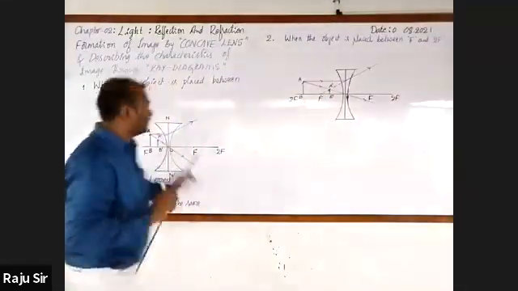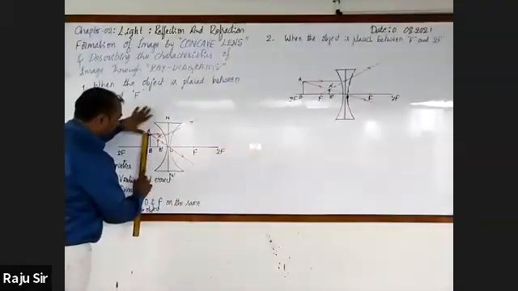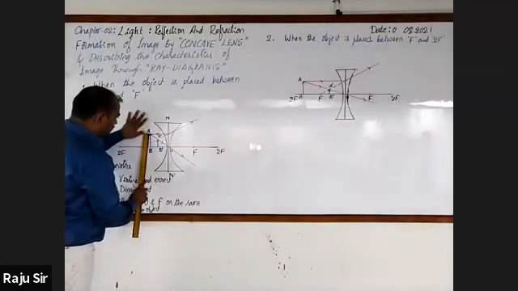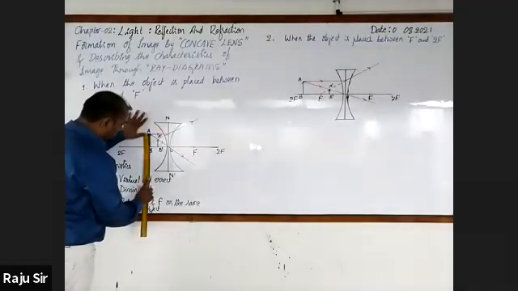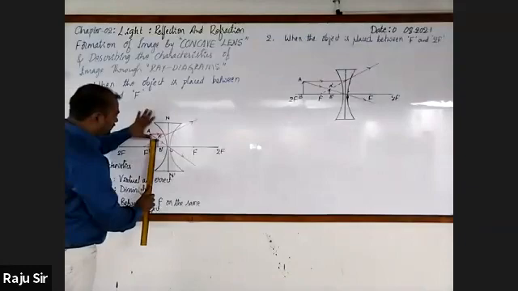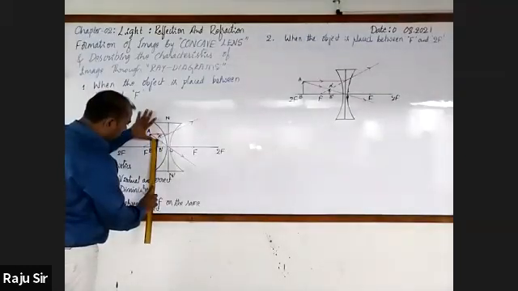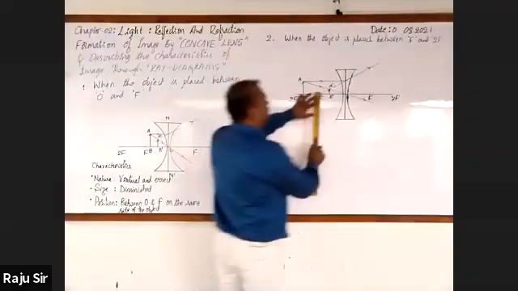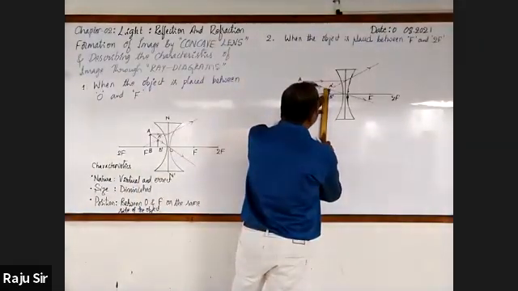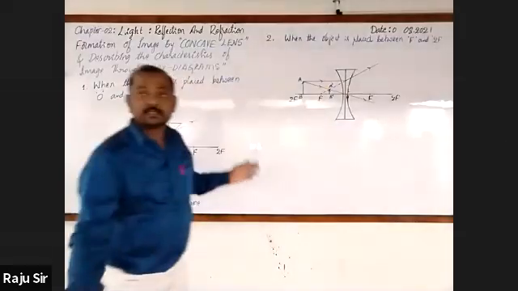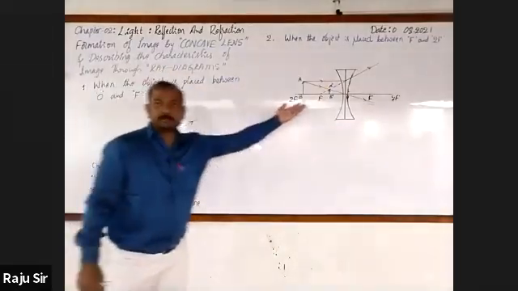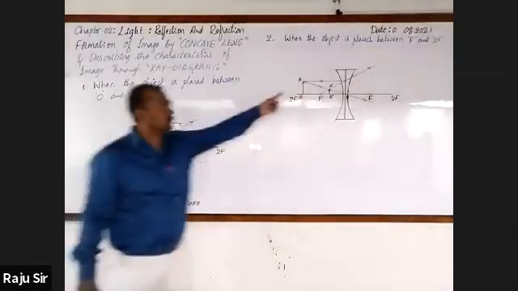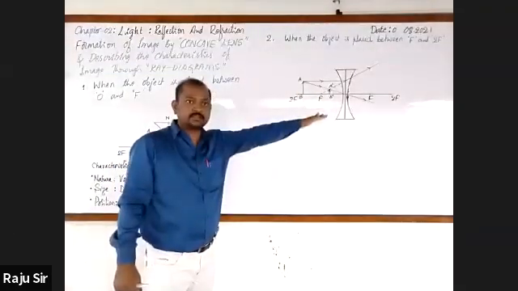According to the measurement I have taken on this board, the height of the object is 8 centimeter, image just 4.5, and here 3. So see that the object is placed at more distance than first, and the size of the image has still decreased.